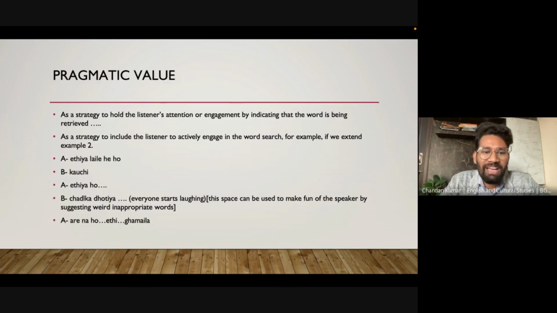It has a pragmatic value. As a strategy, it is used sometimes to avoid using a word which might not be appropriate for a certain context. Or it can be used in a funny way. If the speaker is searching for the word and uses ethi, the hearer might suggest something funny, and the whole conversation can become funny.